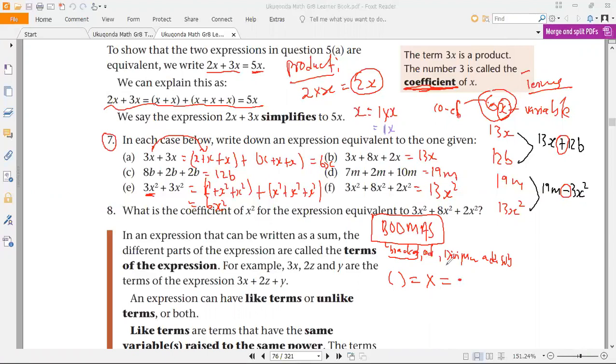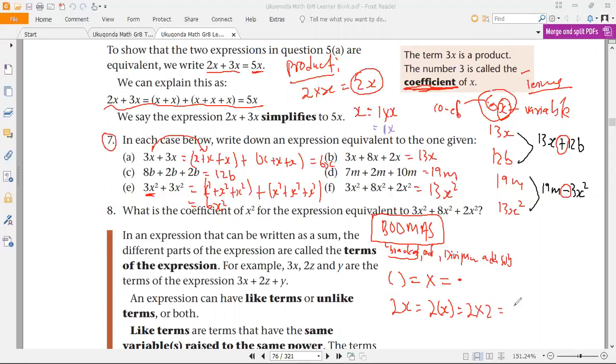So, in other words, if I have 2x, I can write this as 2 open bracket x. And I hope you remember when we were doing substitution, when we were evaluating expressions, I used a bracket. Then I can also write this as 2 times 2.